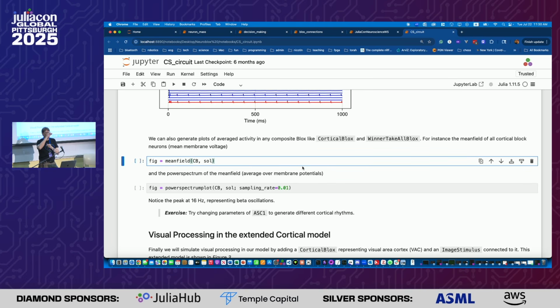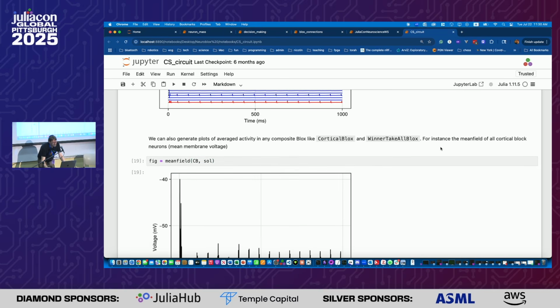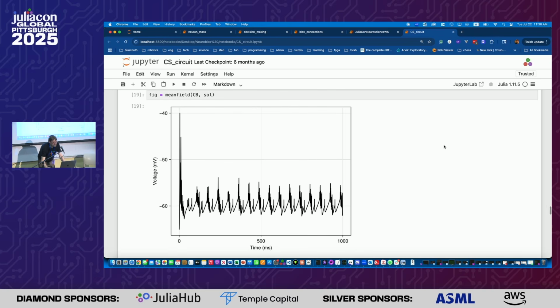So you get essentially an average electric field from a brain region. And what people sometimes do is they say, okay, so this could be the average voltage of the neurons.